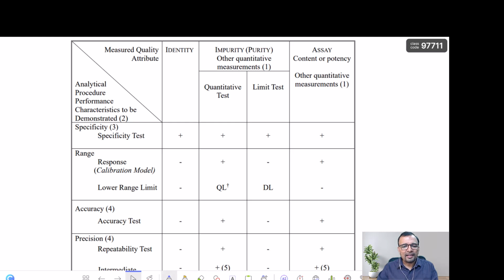The second could be impurity or purity. And the third could be assay, content or potency. So let us now understand what the different performance characteristics are according to the ICH guideline Q2(R2). That is the purpose of making this video.